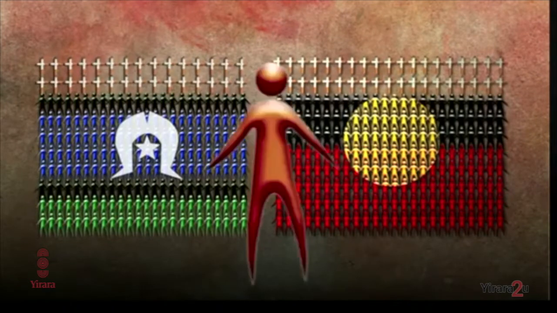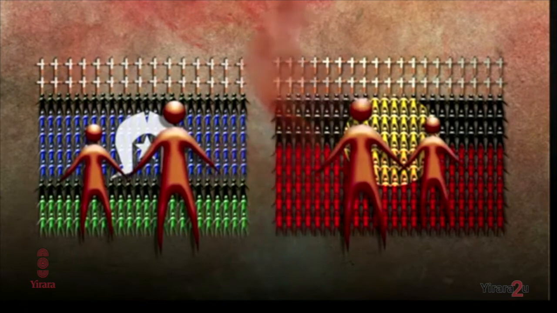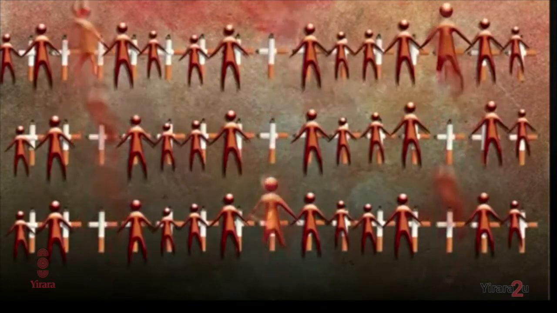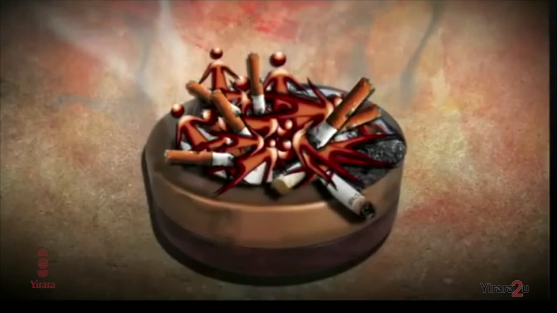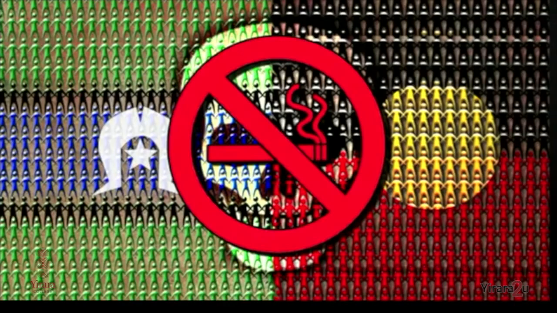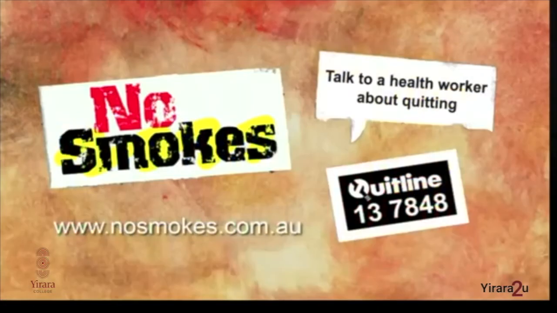That's 1 person in every 5. Will it be you? Your mum, dad, brother, sister, son or daughter? Smoking is killing too many people, but it can be stopped. Keep culture and family alive. Quit today.